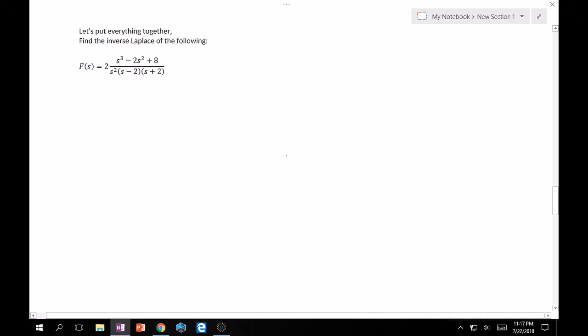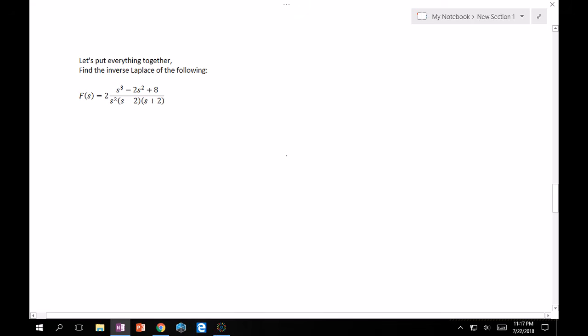Now, okay, this one is long, and I made it long on purpose to illustrate to you how good you have to be at partial fractions to do this sort of stuff. So let's get down to it. So we have 2 times (s cubed - 2s squared + 8), and then on the bottom we have s squared times (s - 2) times (s + 2).